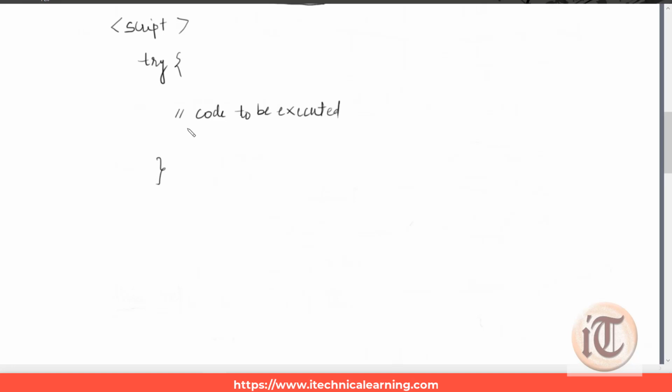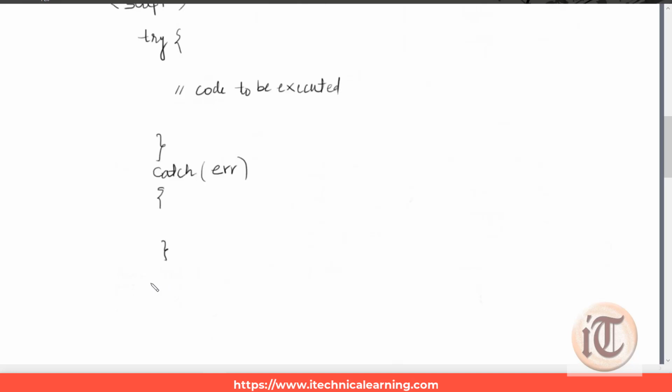Okay, and if this code contains any error, to handle this we apply a catch block after a try. And this catch block contains an error object generally denoted as ERR. Then we write the code for when an error condition happens.